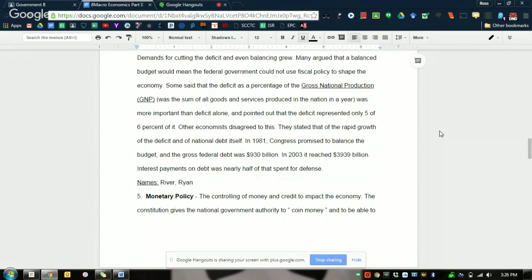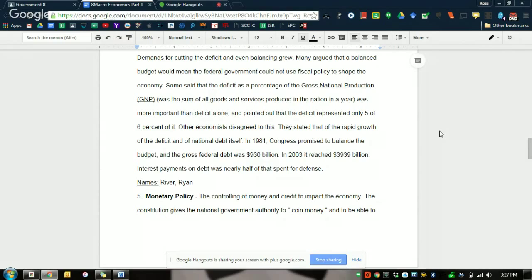So in comparison, it's a very small number compared to our gross national product. For this reason, many economists said, hey, it's not a huge deal. As long as our deficit stays at this very low percentage of our gross national product, it's not something to be worried about. But other economists argued that if we continue to do this, regardless of whether it's 1%, a tenth of a percent, we are still adding money to our federal debt.